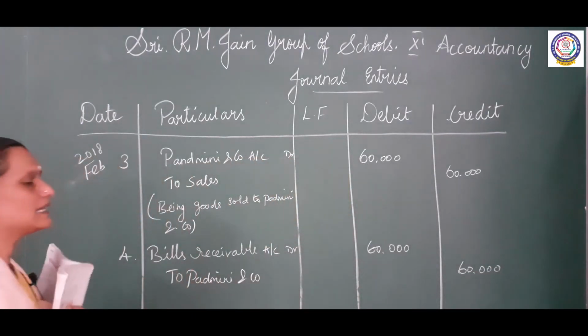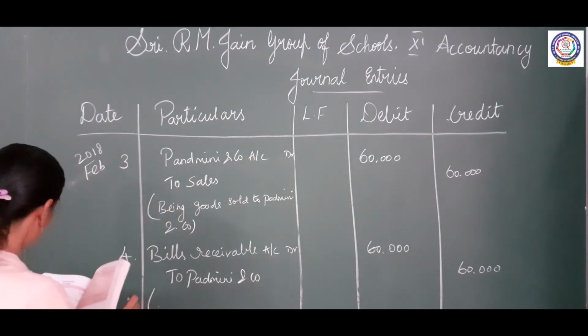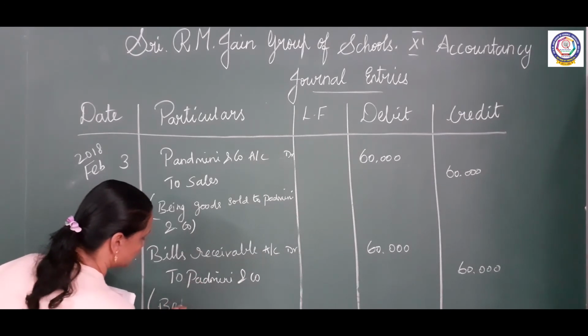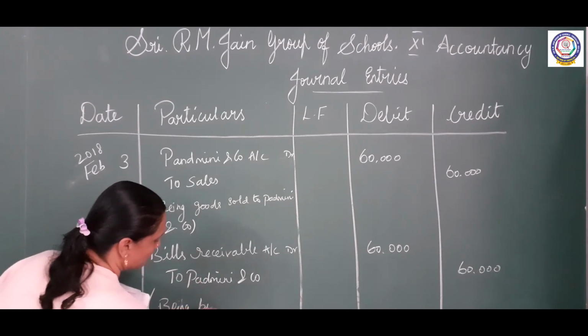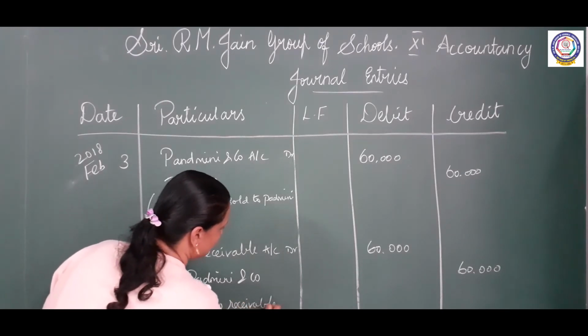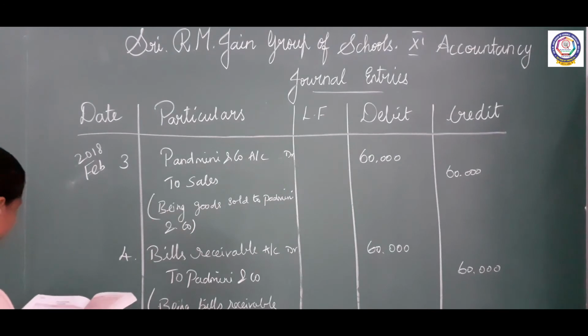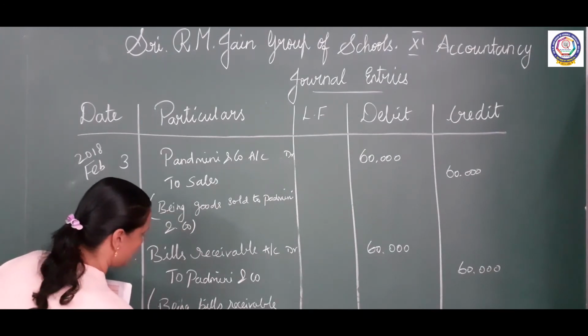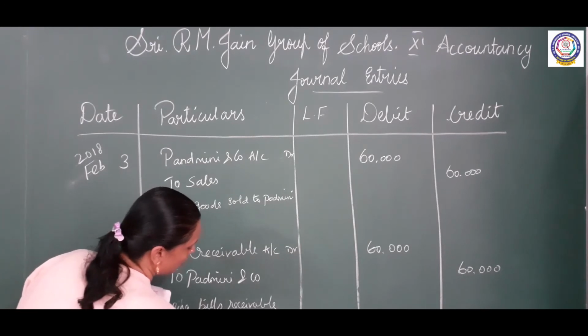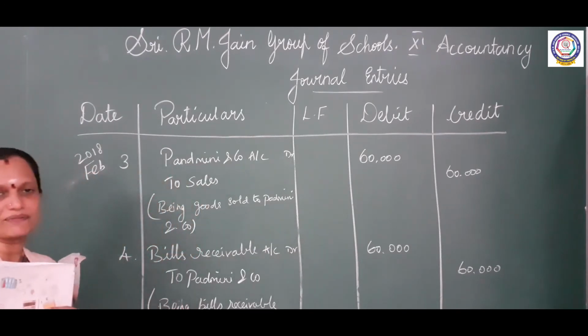Okay, 60,000 they have to pay. So what should you write? Being bills receivable for the amount due. Like that you have to write. Okay.